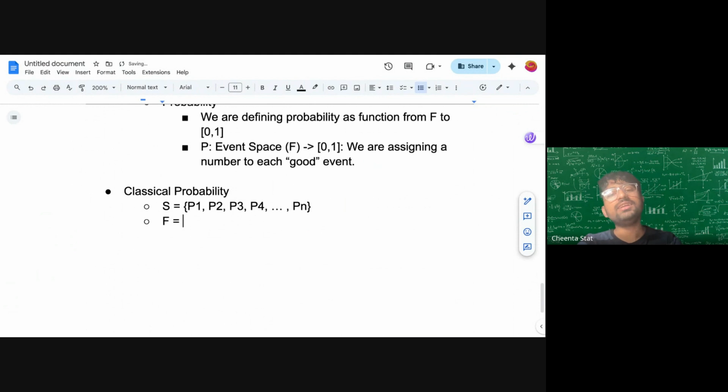So let's define the event space first. We can take the power set of S. What is the power set? It's nothing but the set of all subsets of S, or collection of all subsets.